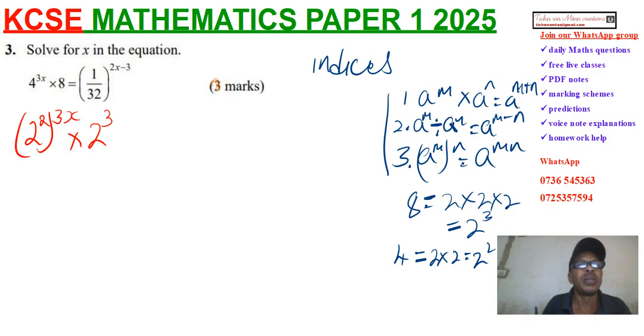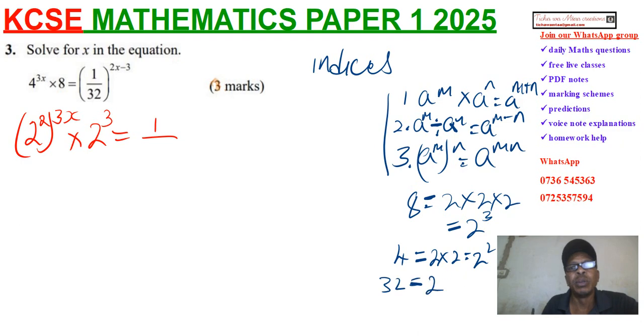As we continue, it is equal to 1 divided by, now it comes to 32. 32 is the same as 2 to power 5.